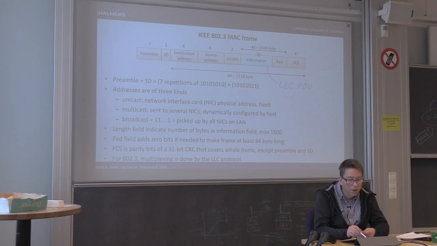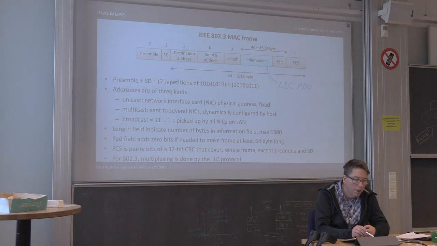Now, if the information that we got from above is less than 46 bytes, then we put in some 0 bytes at the end to make this at least 46 bytes. So the pad field here could be empty also. And then we have a frame checksum here, which is 32 CRC check bits.